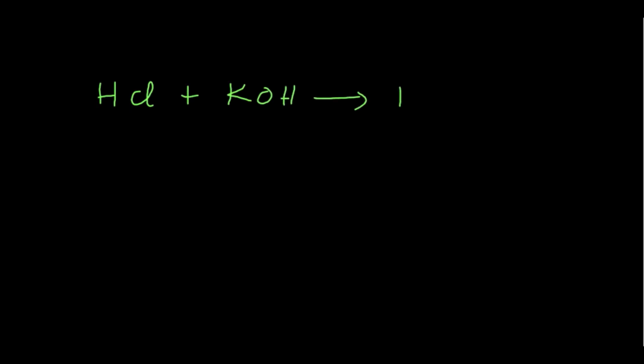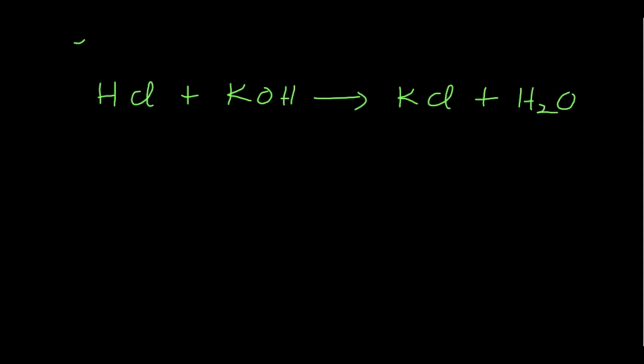We will get potassium chloride plus water. This is the salt which is formed by the complete replacement of hydrogen ion of an acid by the positive ion, that is potassium ion of a base.